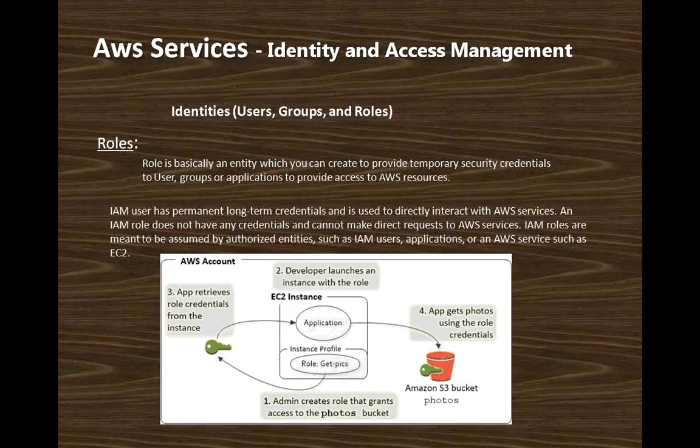In the third step, the particular application retrieves the role credentials from the instance and gets access to the photos using the role credentials which were given to the particular instance. So in that case, an instance will be able to access the particular resources from the S3 bucket.